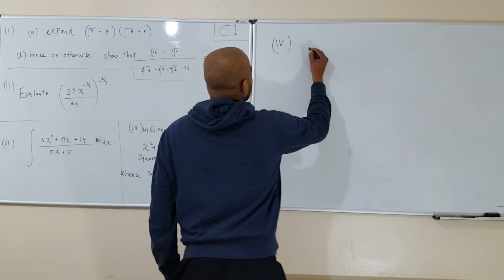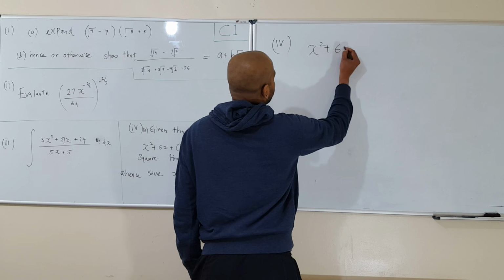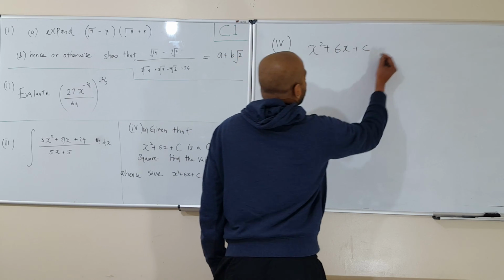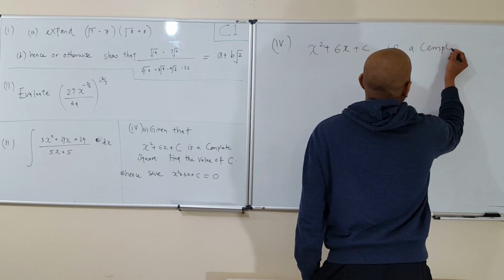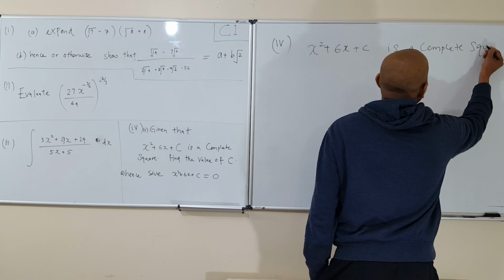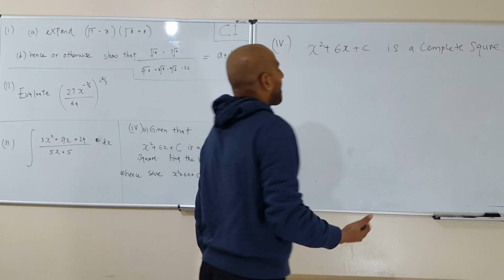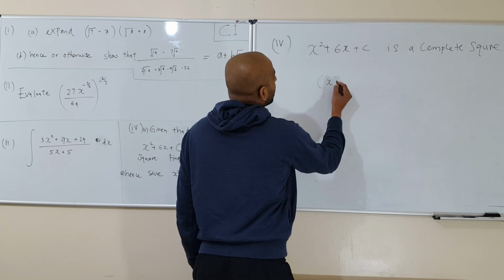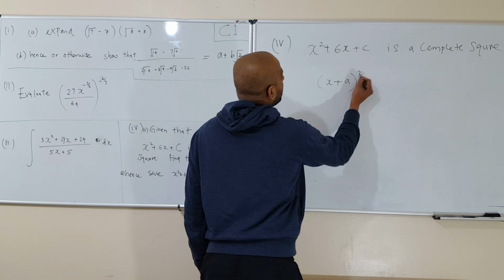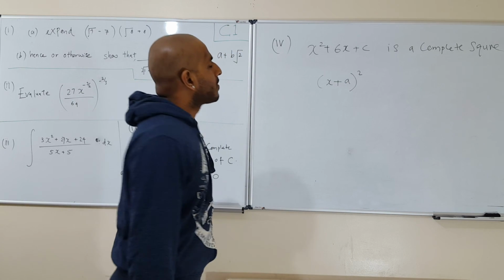So they're saying x squared plus 6x plus c is a complete square, or it's just a square basically. It can be written as a square. What they're saying is this can be written like, let's say, x plus a squared. We don't know the value of a. I'm just saying something like that.